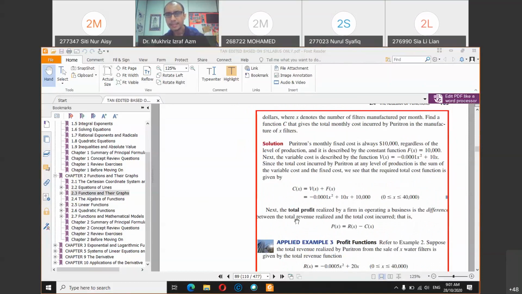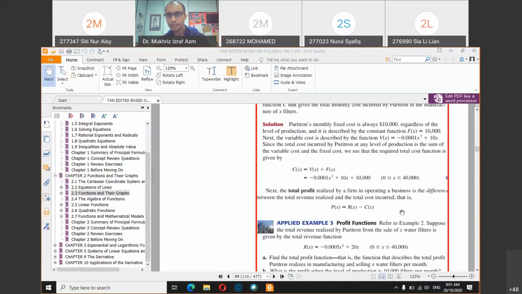And then next, the total profit. If you recall from our previous week's topic, I showed you how to calculate total revenue. You still remember P times Q, and you need to use the inverse demand function, meaning bring P to the left and Q to the right, in order to calculate the total revenue function.